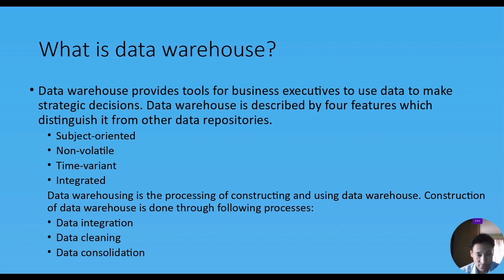There are lots of processes that have to be performed to integrate data from different sources, as data from different sources have different formats. The type of the data may be different. So in order to integrate easily, all those different format data, different type of data have to be converted into one single format. So data integration is a rigorous process within the construction of data warehouse.